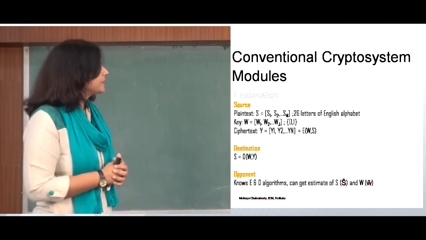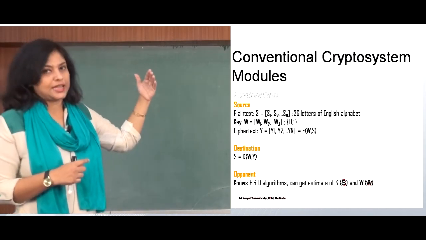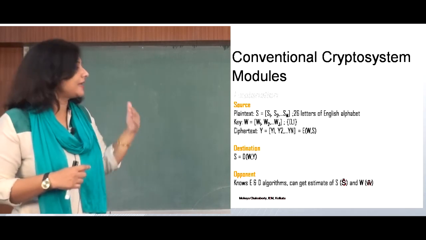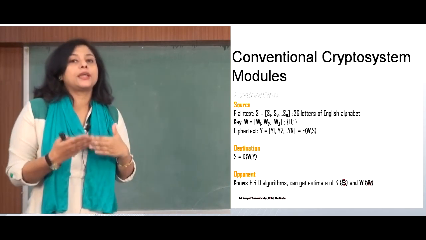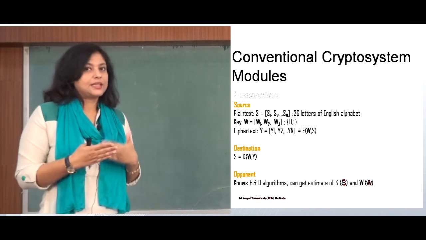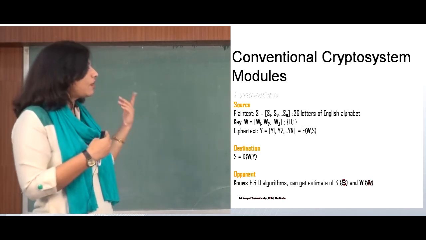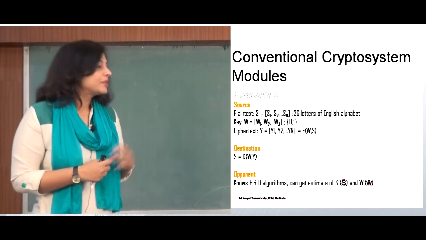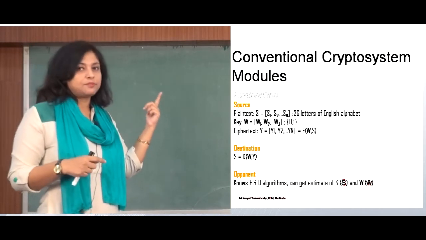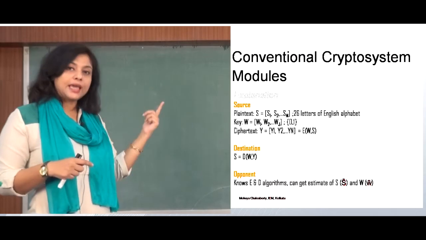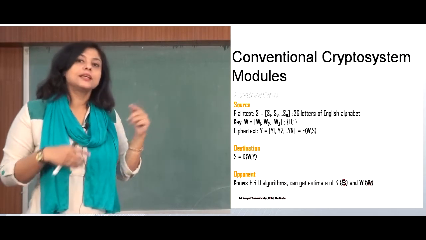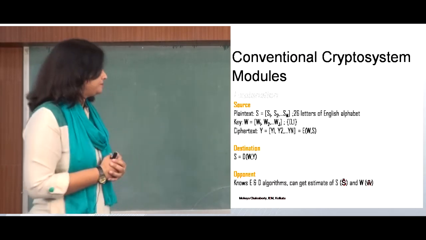Now this is from the source side. What happens at the destination side? At the destination, you want to get back the plain text, that is S. So S should be the decryption algorithm of W comma Y. The decryption algorithm is represented by D, W is the key and Y is the ciphertext that is being operated upon.